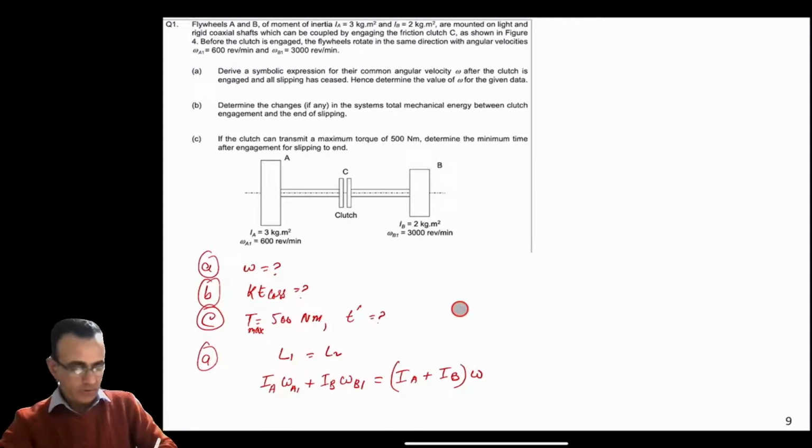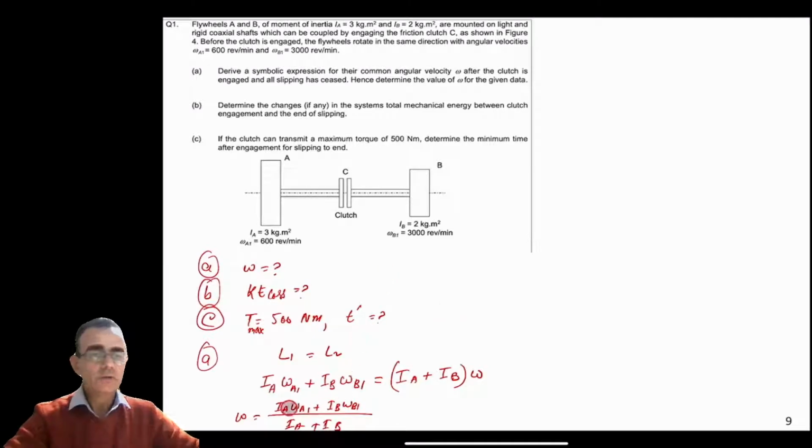Now from here you can calculate omega, which will become equal to IA omega A1 plus IB omega B1, divided by IA plus IB. This is the equation that we derive for the common angular velocity here.